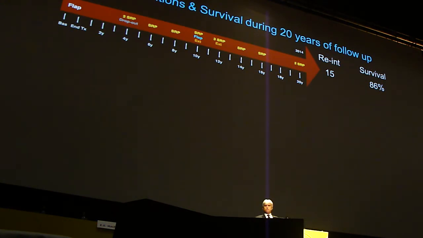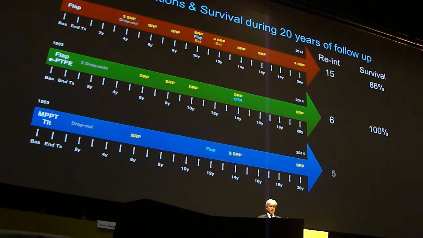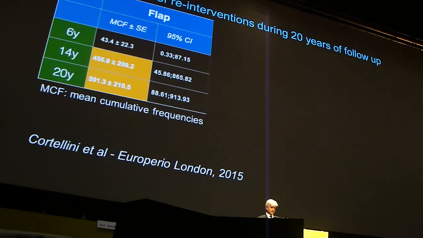We extracted 2 of those teeth during the recall system. Survival going down to 86%. The 2 regenerative groups were burdened by a very limited amount of re-interventions during time, and we preserved all the teeth, so we had 100% survival.